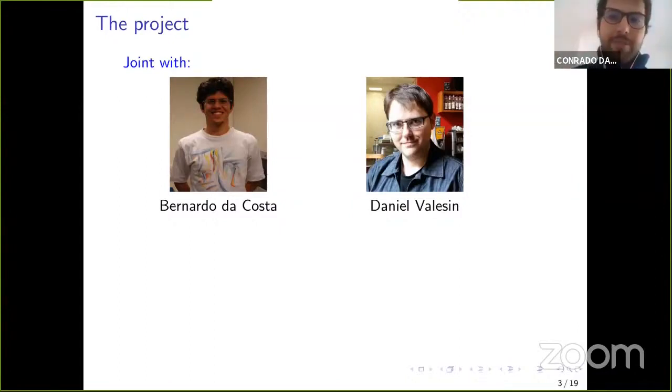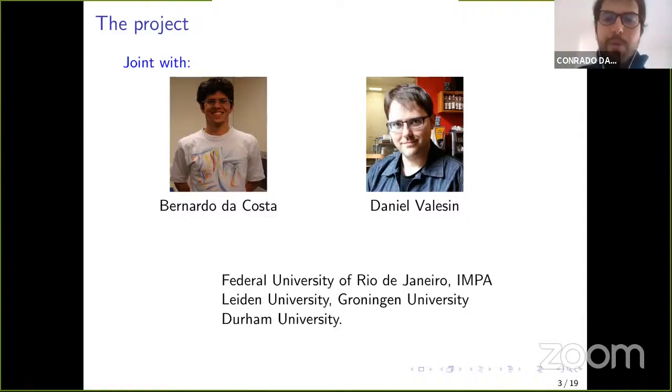So I have to be thankful to many institutes for supporting this research: IMPA in Rio de Janeiro, where I started it, the Federal University of Rio de Janeiro, both Leiden and Groningen University in the Netherlands, and finally Durham University, where I found the space to complete it, though it was slowly developing throughout. I'm very happy to show you the result of this research.